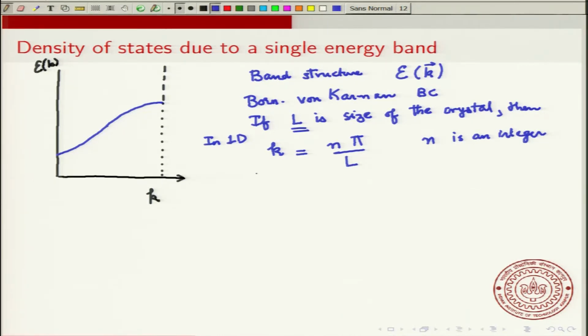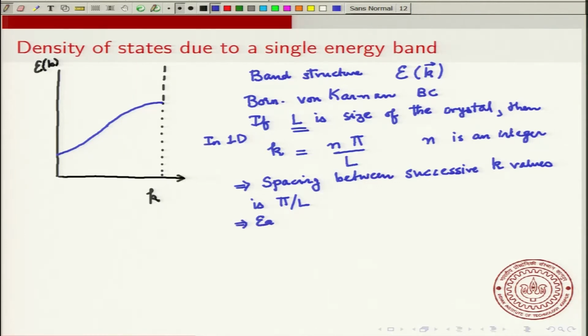That implies that the spacing between successive k values is pi by L. So, pi by L is the spacing between successive k values, and each k value corresponds to a state.